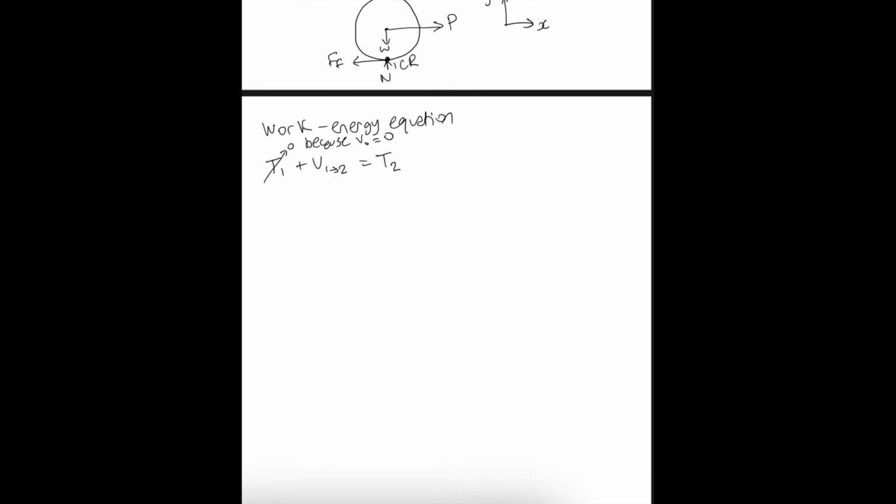And now we're going to get into some new material, which is the equation for kinetic energy of a rigid body in plane motion. So we know that T is equal to half mv squared, but it's also equal to half IC omega squared.